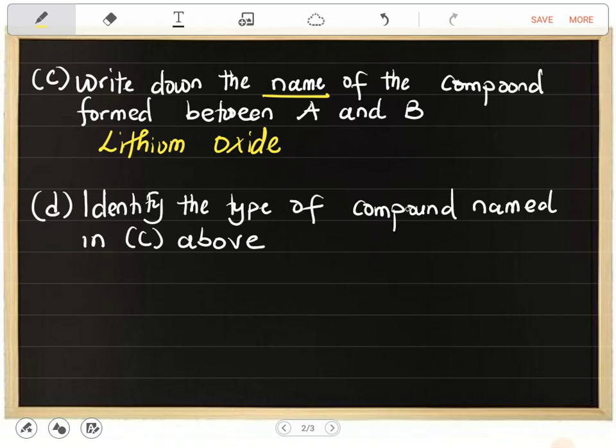Identify the type of compound named in C above. So please take note, here we were looking for the name, but here we are looking for the type. There are only two types of compounds that we are dealing with. You've got molecular compounds, also ionic compounds. Molecular compounds are compounds of non-metals, while ionic are compounds of metals plus non-metals.